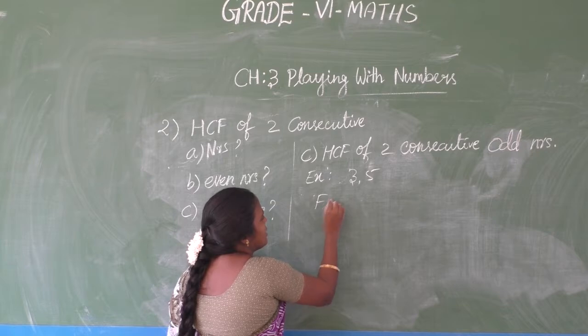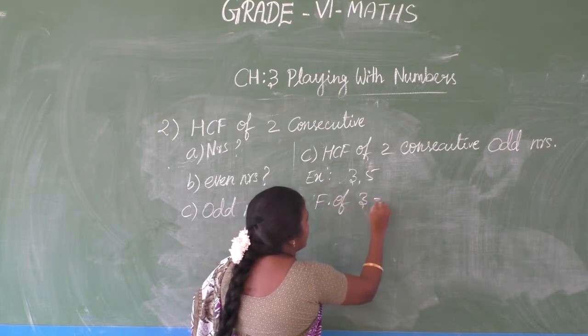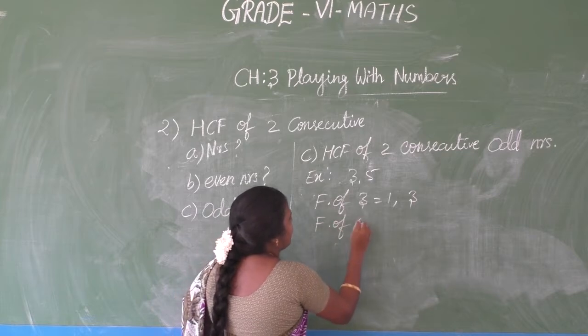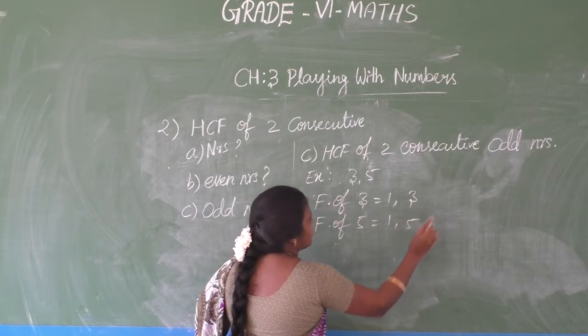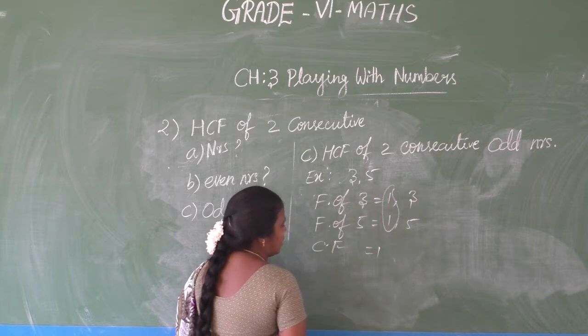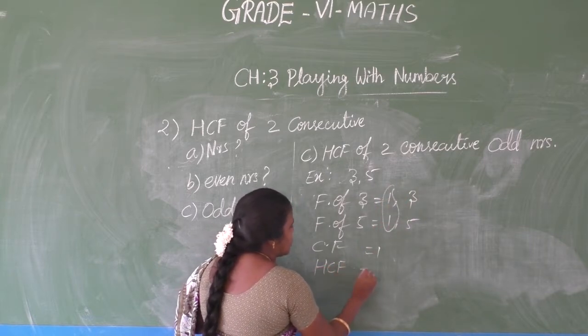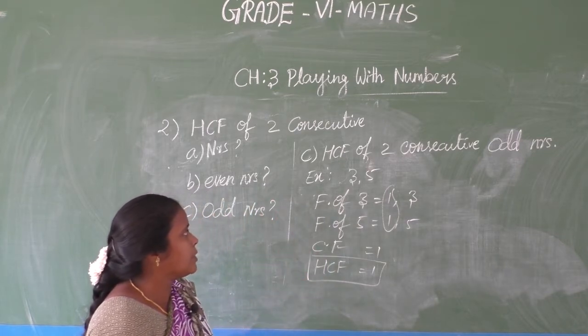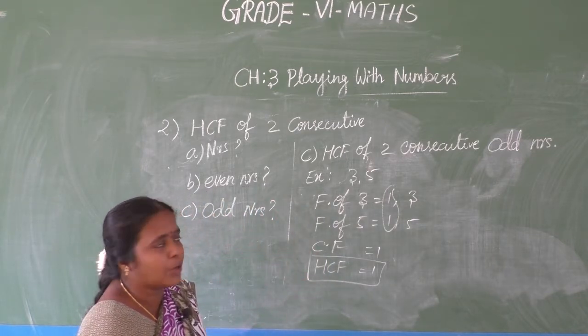So first, factors of 3. I am writing here. 1, 3 is 3. Likewise, factors of 5. What comes? 1, 5 is 5. Common factor here is 1 only. That is the HCF also. Clear? This is the procedure for finding the HCF of 2 consecutive odd numbers.